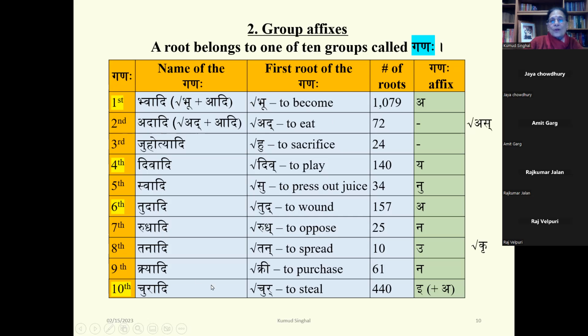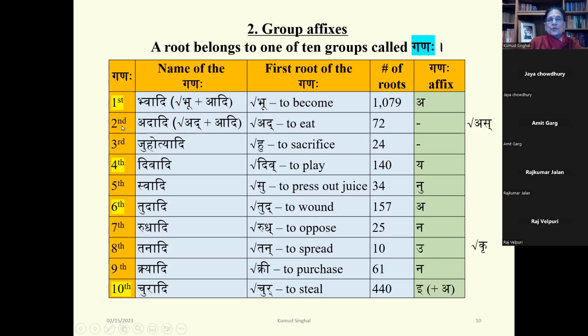Then each group has a Gana affix, which you add when you are forming the conjugation. For example, the Bhavadi Gana has the Gana affix a. If you study the first, fourth, sixth, and 10th Gana, you more or less cover most of the roots.